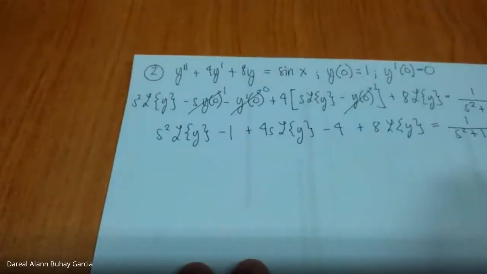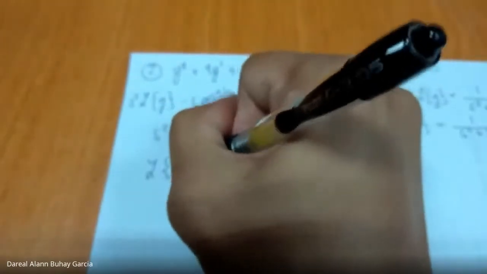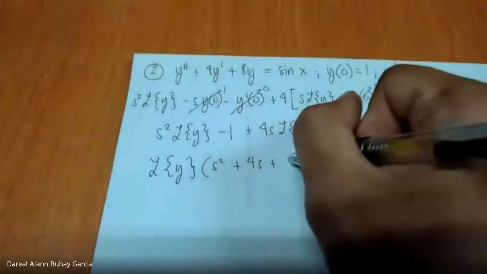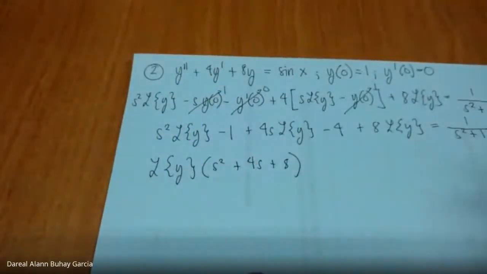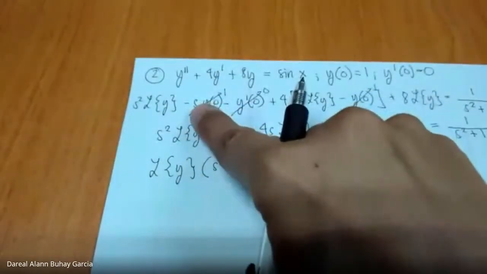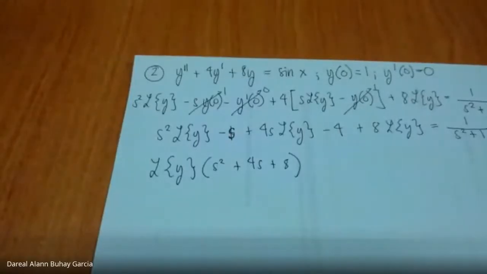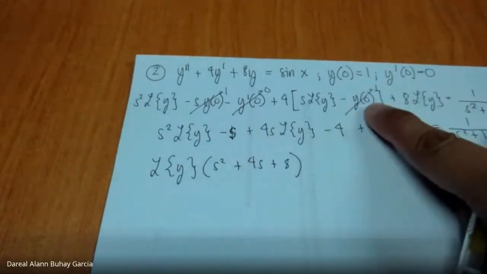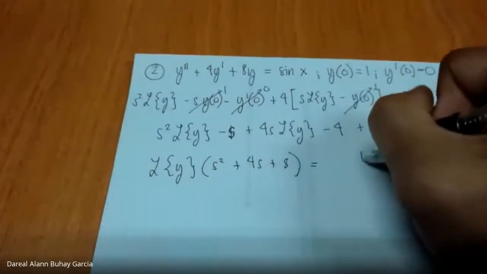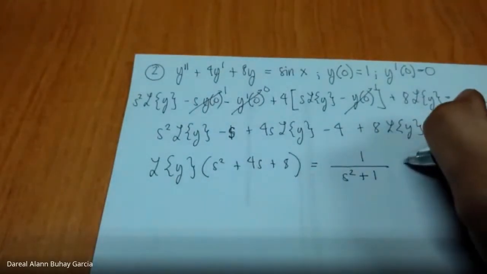Combine like terms in terms of the Laplace of y. s squared plus 4s plus 8 times Laplace of y is equal to 1 over s squared plus 1, plus s plus 4.